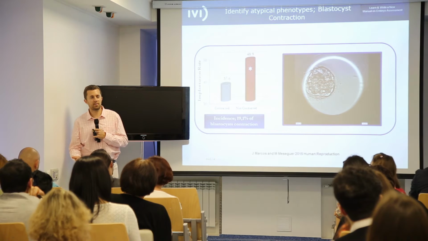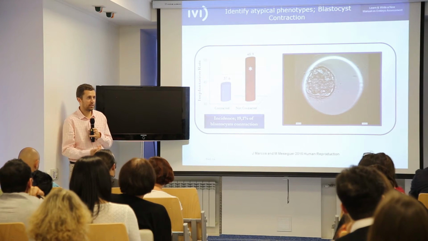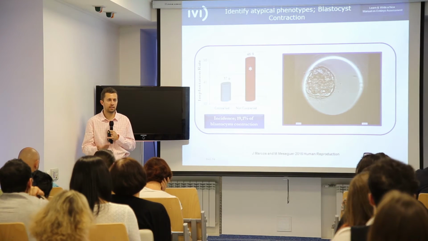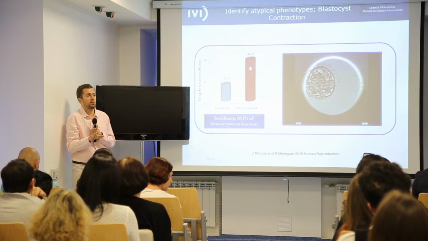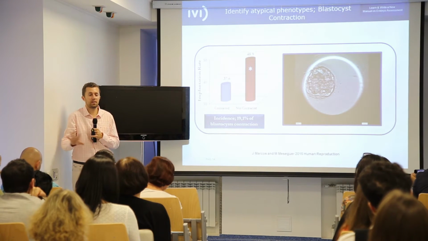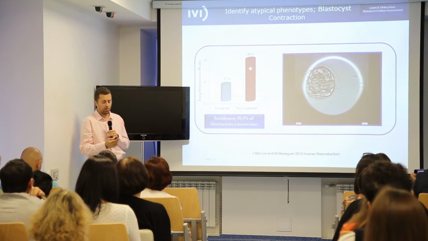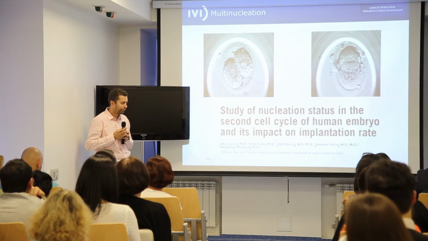The proportion of embryos that finally hatch is relatively similar, but we know that they have lower implantation. So it's another good example of doing observations with this technology and avoiding transferring that embryo because of this lower implantation potential.